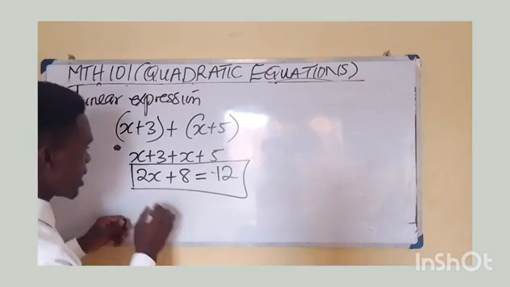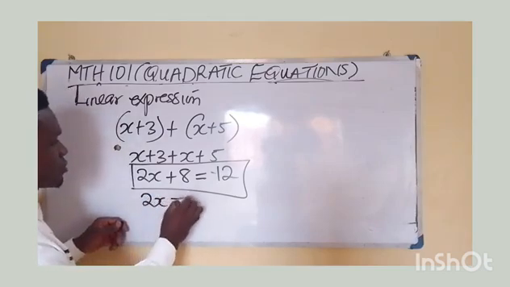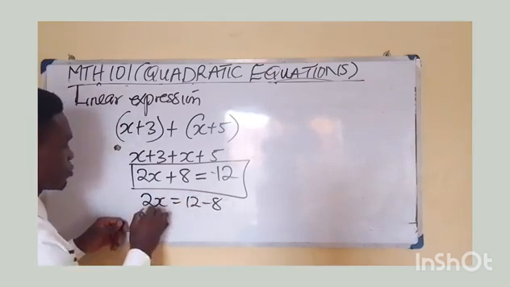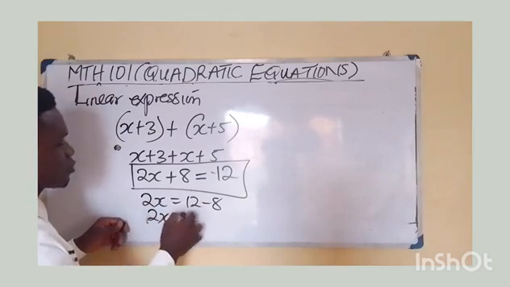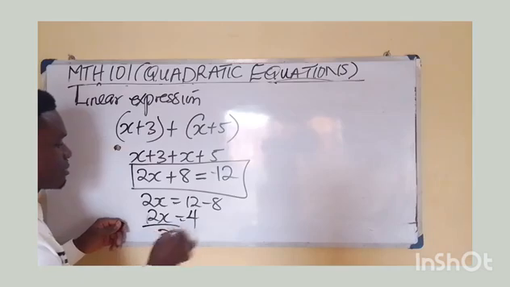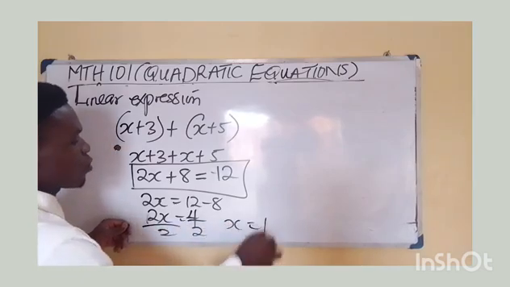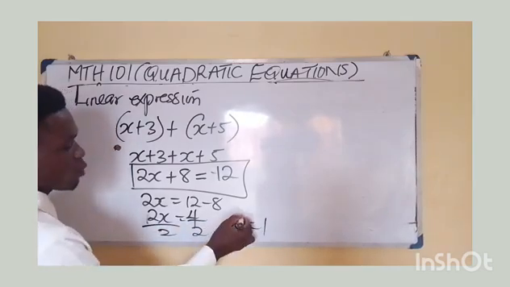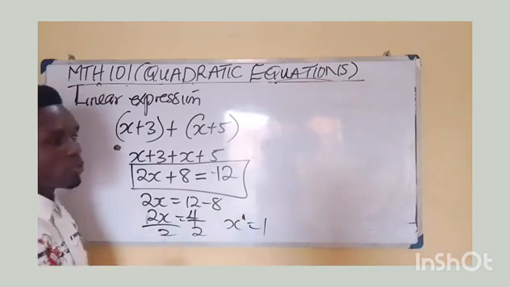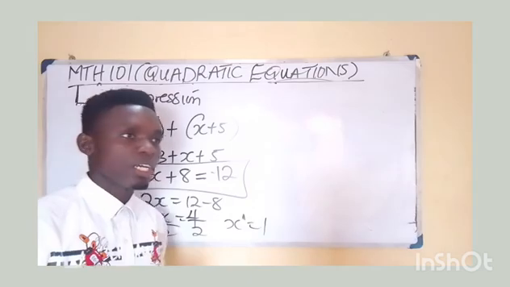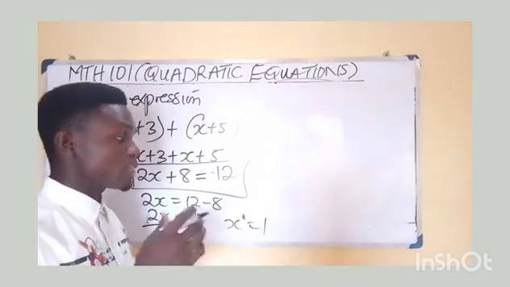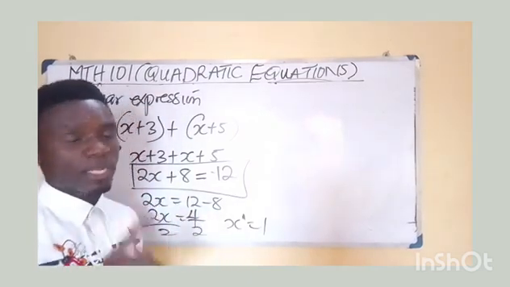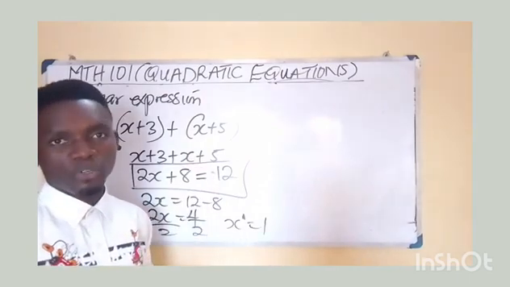If I solve further, I'll have 2x equals 12 minus 8, so 2x equals 4. Divide both sides by 2, x is 2. The highest power of x here is an invisible 1. So a type of equation in which the highest power of x is 1, you call a linear equation.